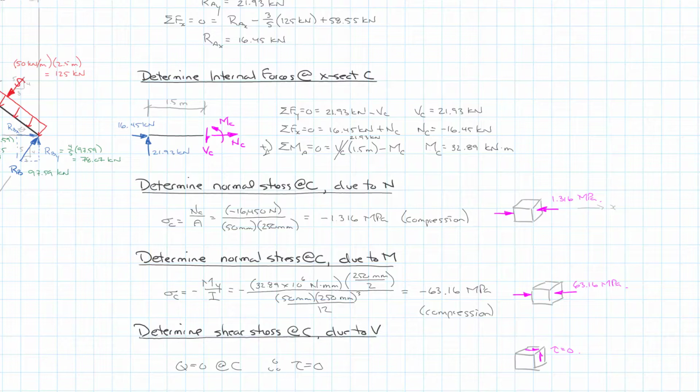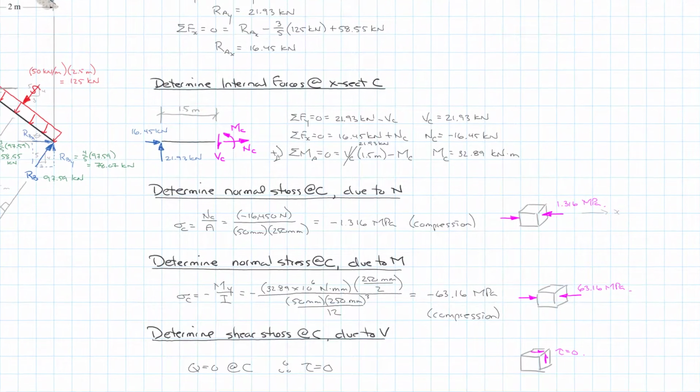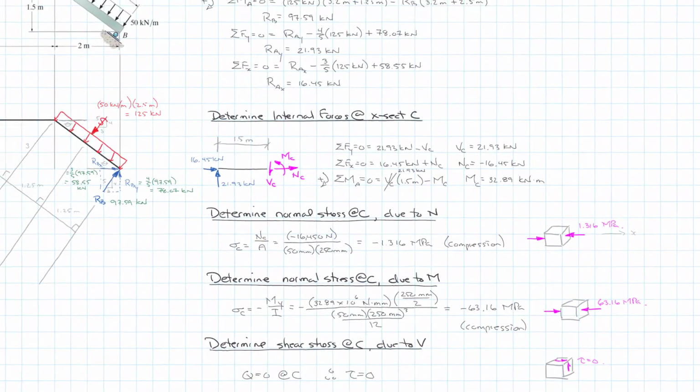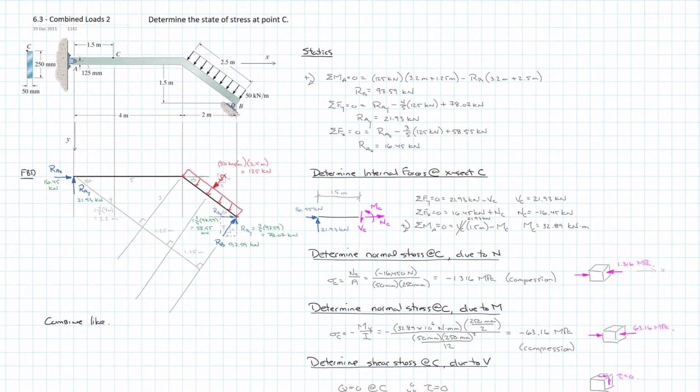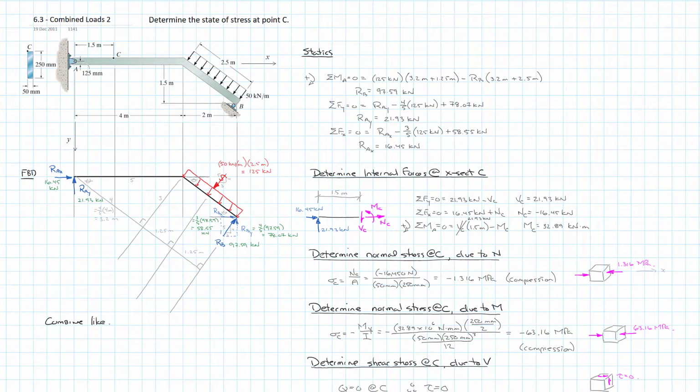So with that, the last thing we have to do is we have to combine them. I'm just going to use this little open space here. Combine like stresses. So you combine your normal stresses on the same face, you combine your shear stresses in the same face, same direction, like stresses at C. In this case, the only ones with a non-zero value are normal stresses, and they are both in the X direction.